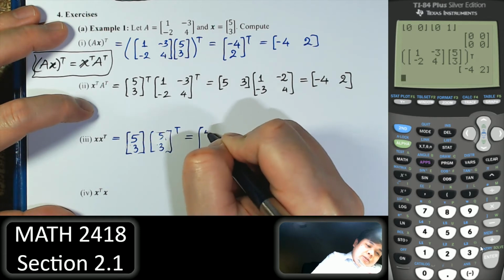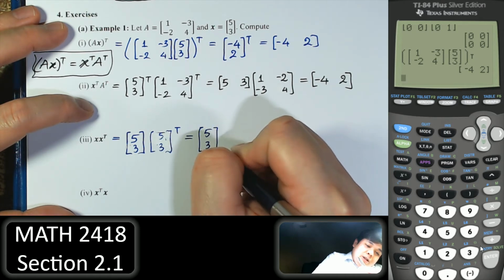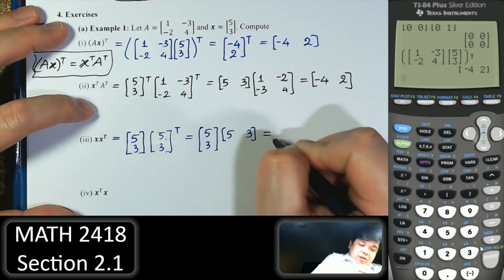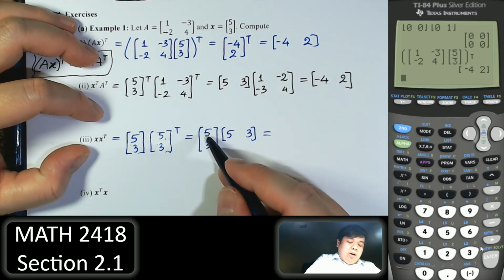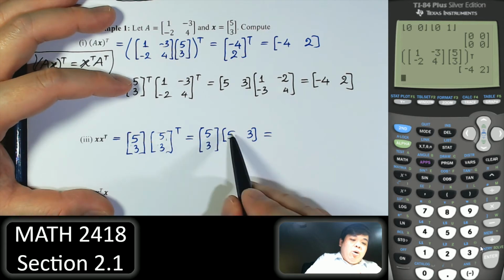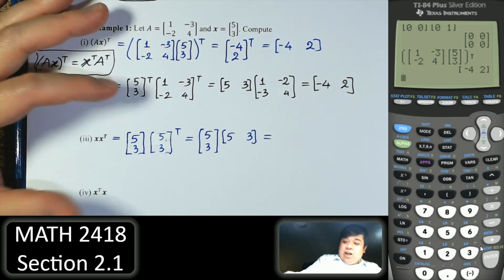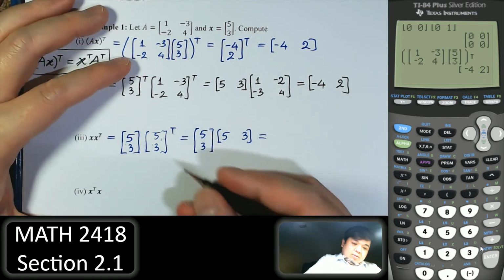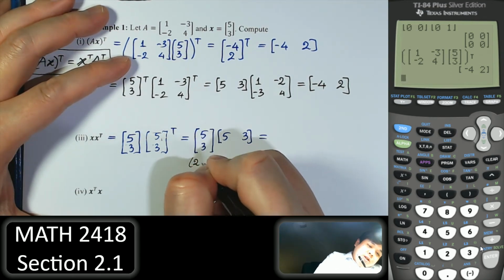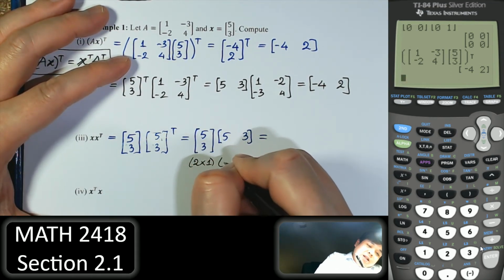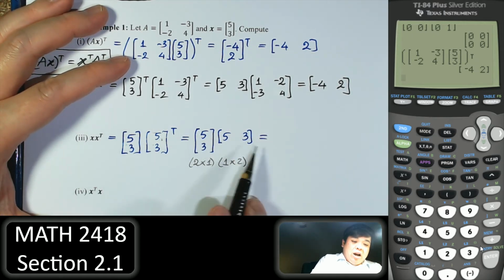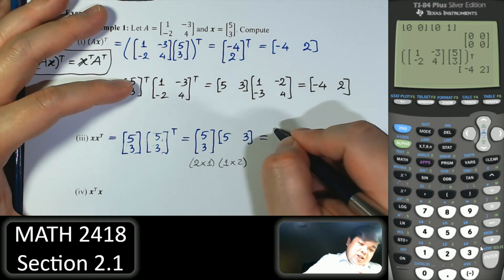So 5, 3, and then we transpose that 5, 3. So row times column. If we check the dimension, 2 rows, 1 column, 1 row, 2 columns. So we will end up with a 2 by 2 when we multiply this.